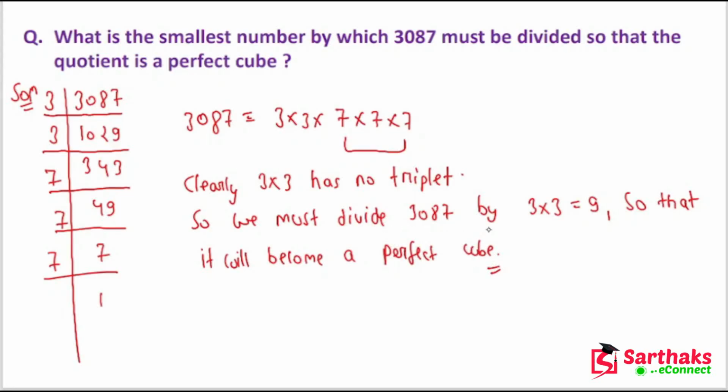So to make it a perfect cube, we will divide by 9, and obviously you can see that after dividing by 9 it would become 343, which is again 7 cube.